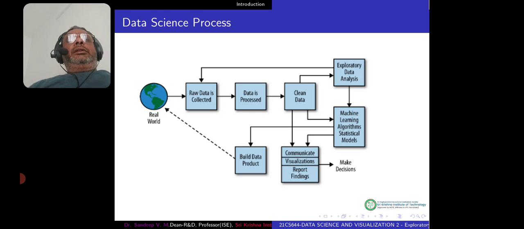So that's the data science process. Here the data is collected from the real world, that is raw data, and this data is processed and then cleaned and then fed to the exploratory data analysis. The outcome of the analysis is fed to the machine learning or statistical models to learn, and this is used to build the data product.